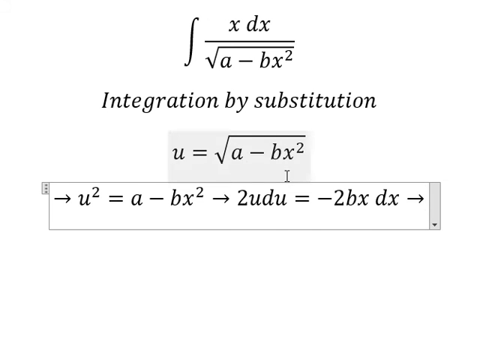Next, because we don't have negative 2b in here, we need to divide both sides by negative 2b.